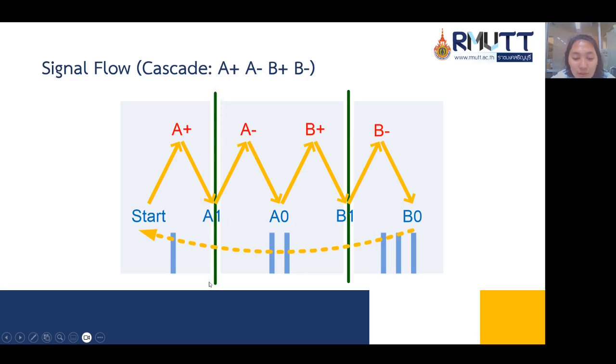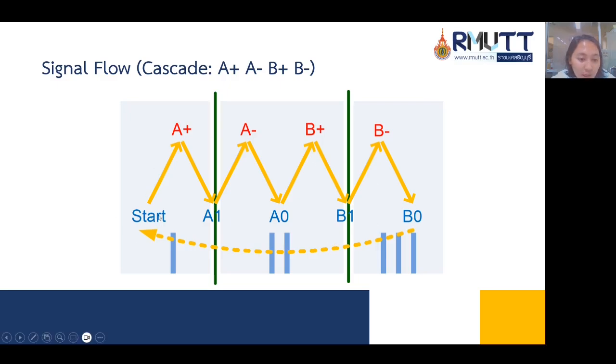This is for the cylinder output A, and this is divided for the cylinder B, B plus and B minus here. So there are three sections from the cascade configuration of this signal flow. This is block 1, this is block 2, and this is block 3. So we have three groups to make the electric circuit of this signal flow.